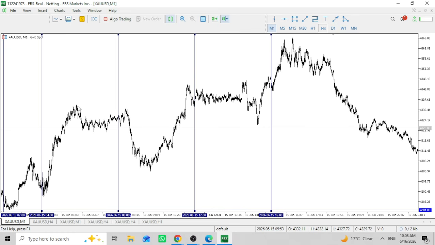But we are being guided by the 4-hour time frame, but we are on the 1 minute time frame. Open a 4-hour candle, its high, its low, you're seeing there. Now after this candle, its high, its low. Can you see that?